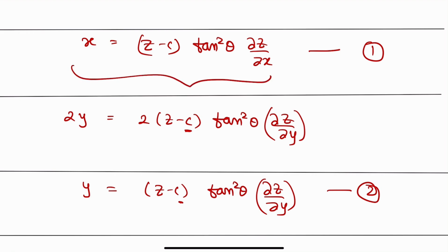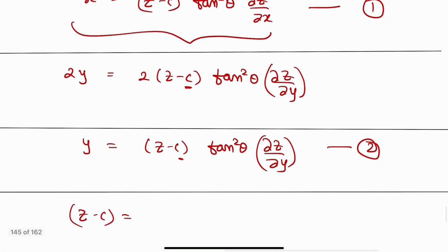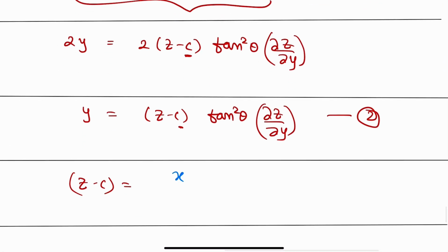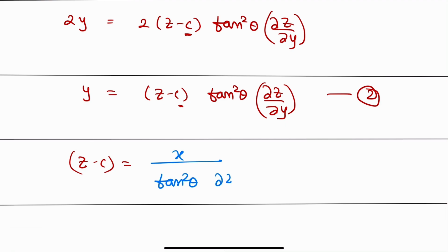Here we can write z minus c equals x upon tan square theta into dou z by dou x. This is our 3.